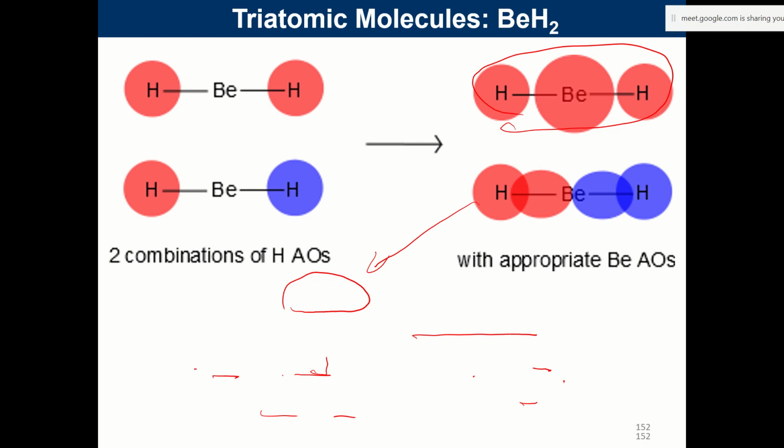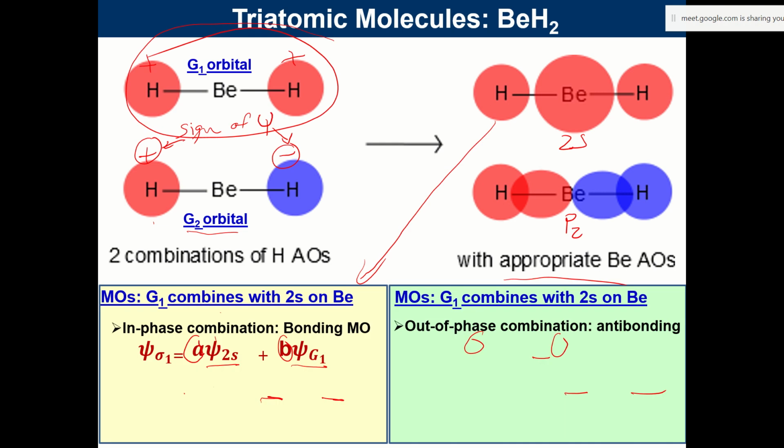When we combine all of this, one orbital will be formed, and in the in-phase combination the electron cloud will be symmetrically distributed around it. So this is one combination that you saw.